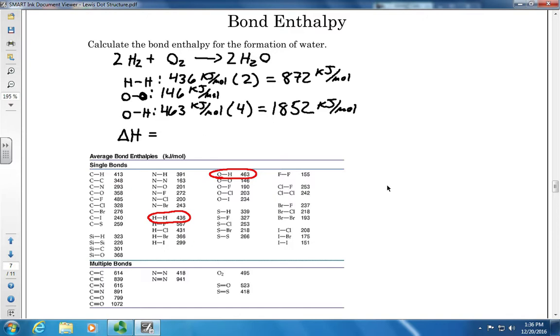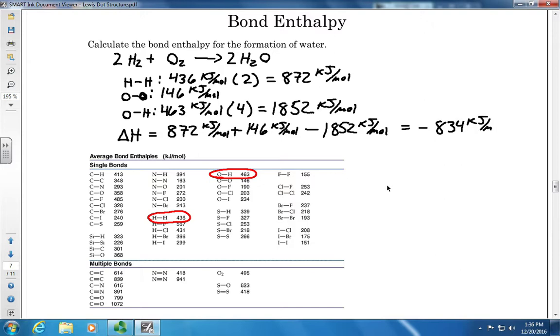So it would be 872 kilojoules per mole plus 146 kilojoules per mole minus 1,852 kilojoules per mole, which gives us a total of negative 834 kilojoules per mole. That is the bond enthalpy for the formation of water.